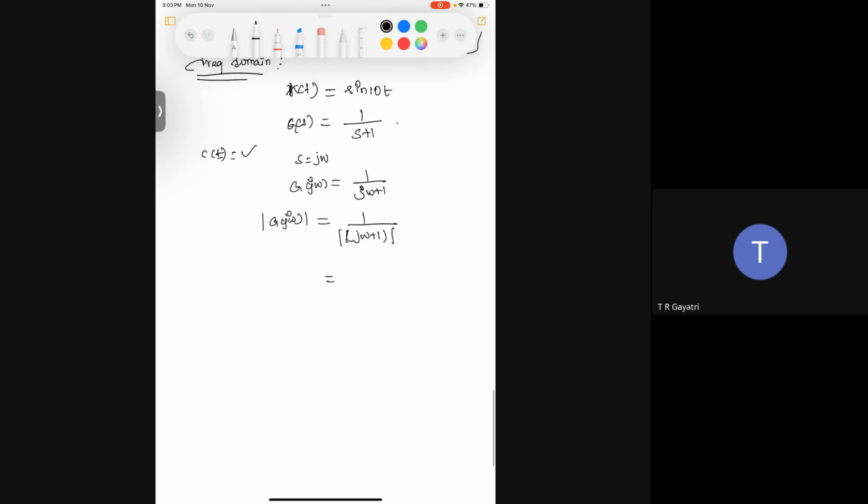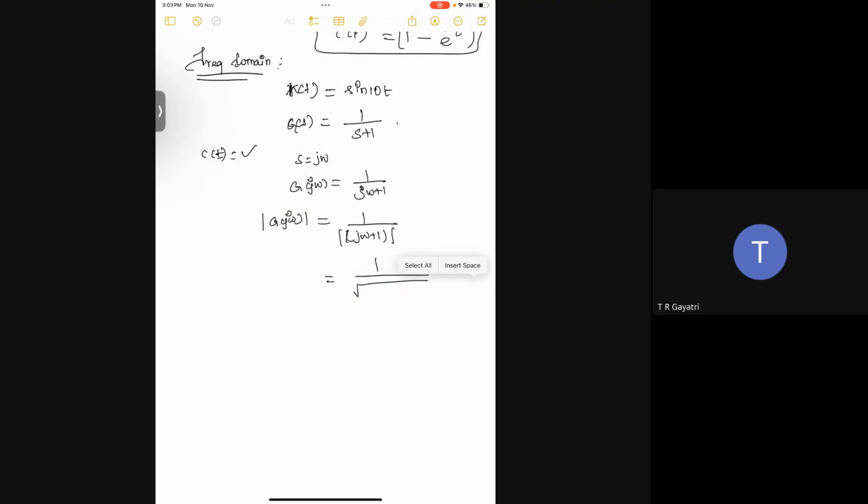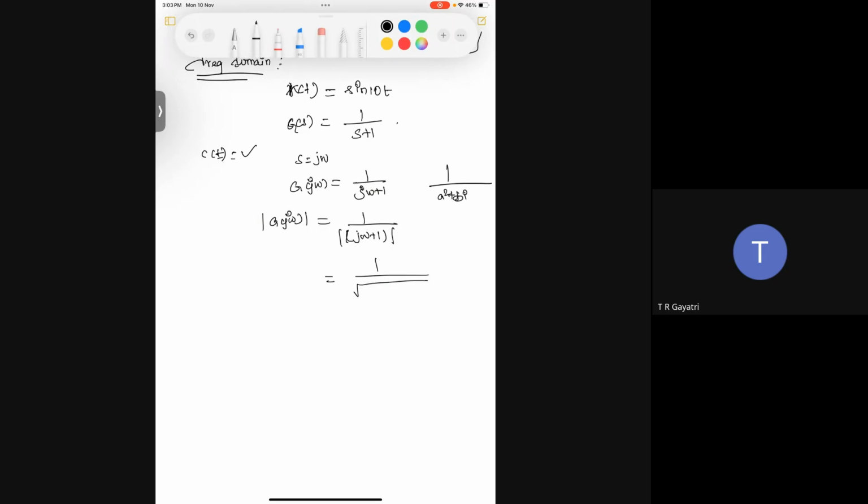So how do you find the magnitude for a complex representation of the system? If it is 1 by a plus bi, how to represent this as a magnitude? Root of a square plus b square, right?